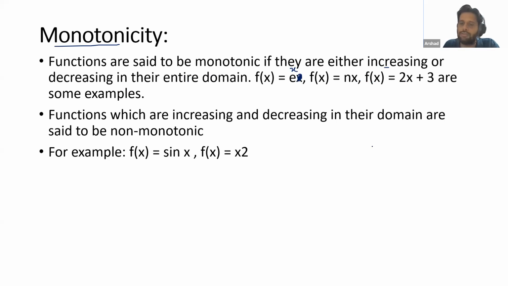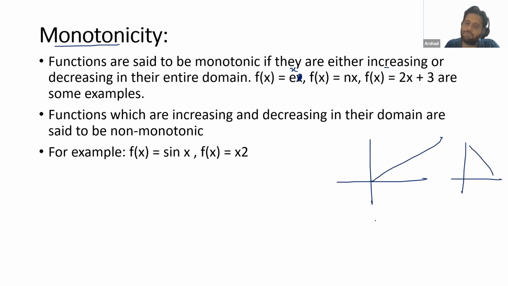If the function is increasing, we will say it is monotonic. If it is decreasing, we will say it is monotonic. If the function is both increasing and then decreasing, then it is not monotonic.